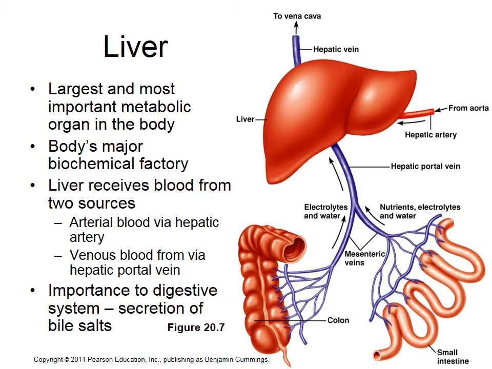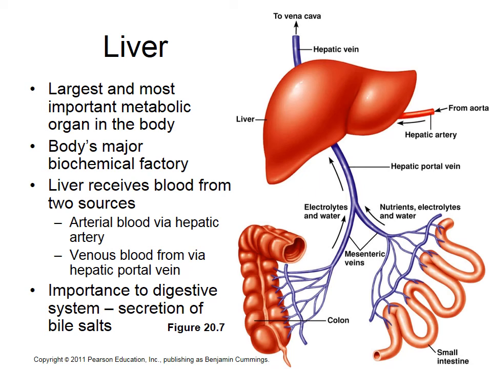So it's seeing what you just absorbed from your GI tract, but it needs oxygen and nutrients itself constantly, and it's getting that from the hepatic artery. It's getting its oxygenated blood from the hepatic artery, which branches off of the aorta. So you've got two blood sources for the liver.